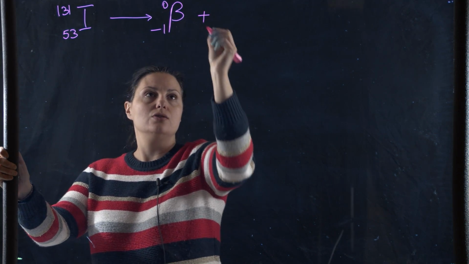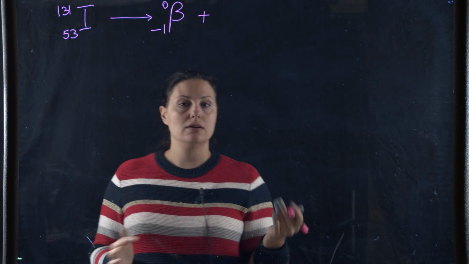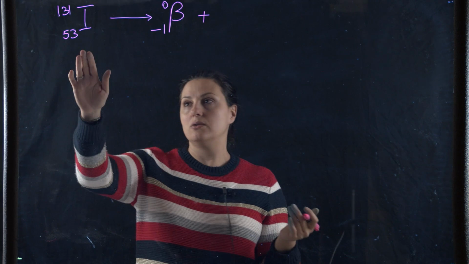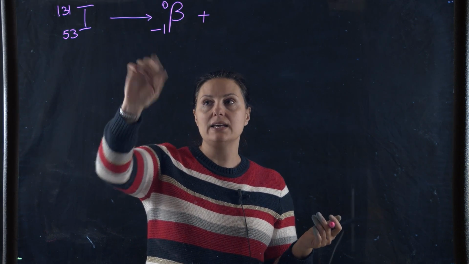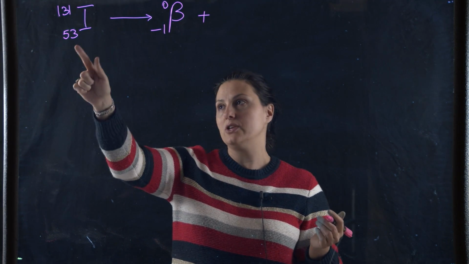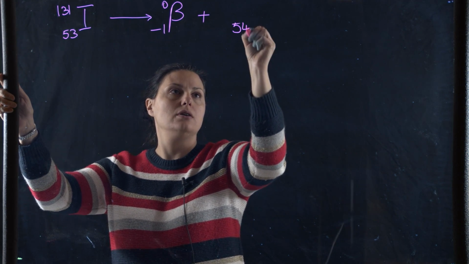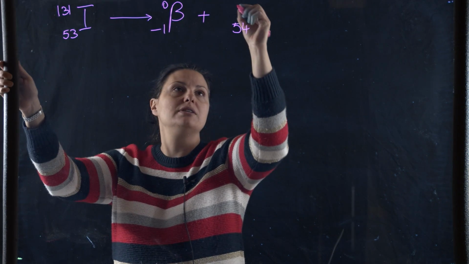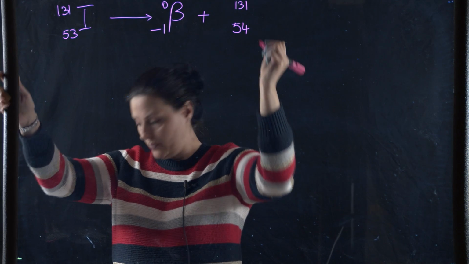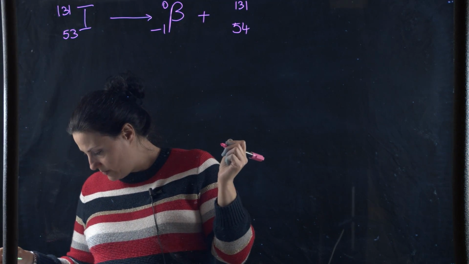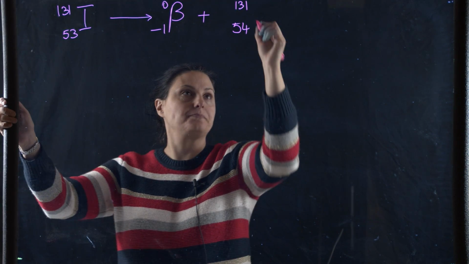Okay, so let's write the final product. Remember, beta decay increases the Z by 1, so 53 plus 1 is going to be 54. And then the top number doesn't change, 131. And this element number 54 is xenon.